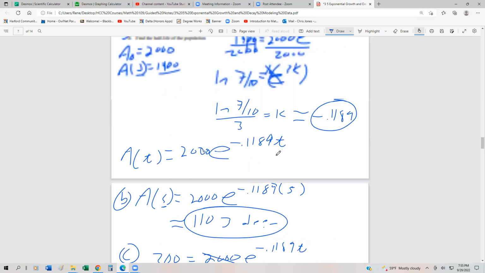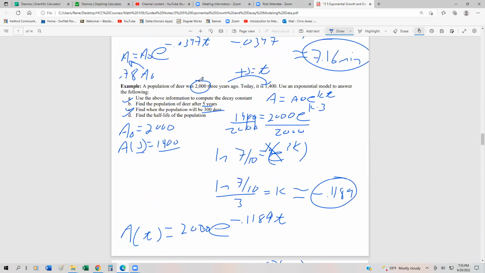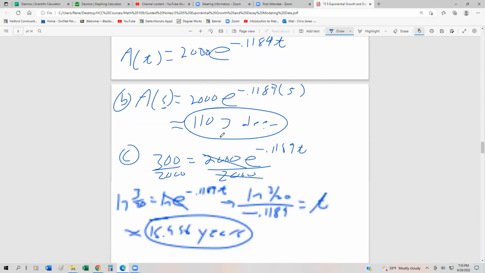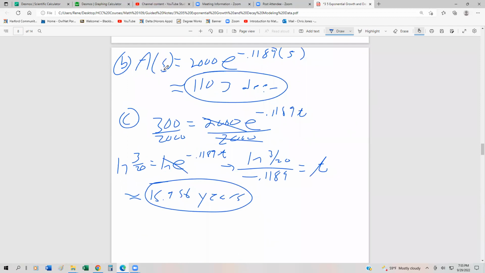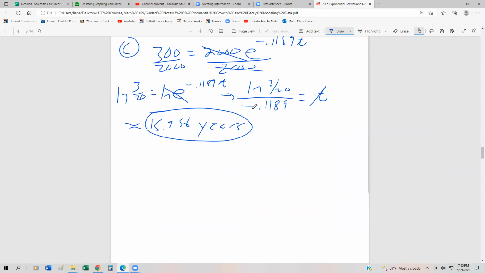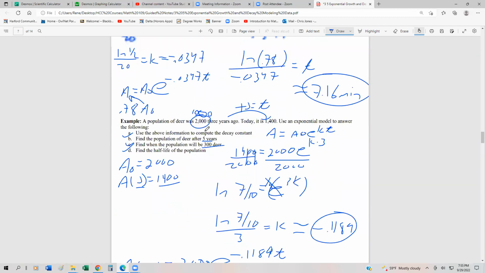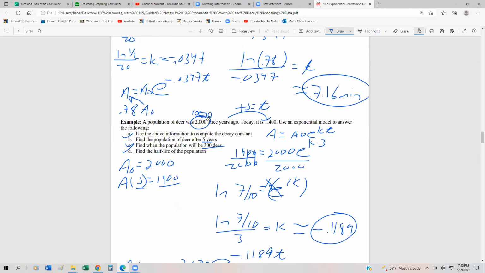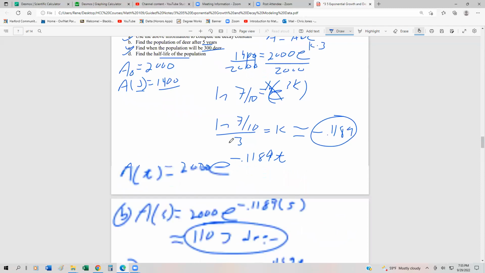The last part asks us for the half-life, and half of 2000 is going to be 1,000. To me, it seems like it should be somewhere in the neighborhood of 5. If the half amount is 1,000 and we want to find the half-life, all we're going to do is substitute 1,000 back in for A and then solve.